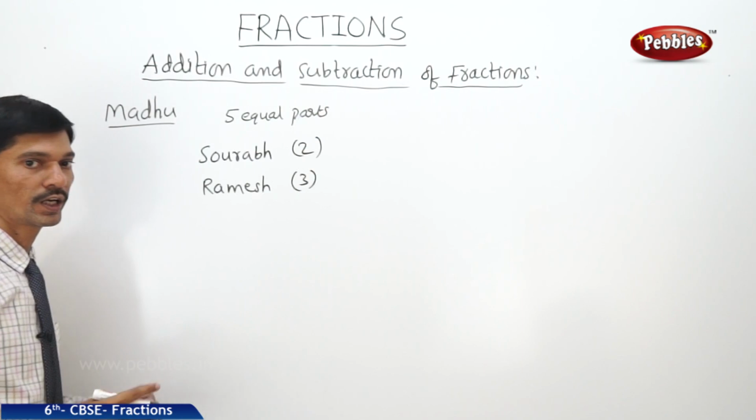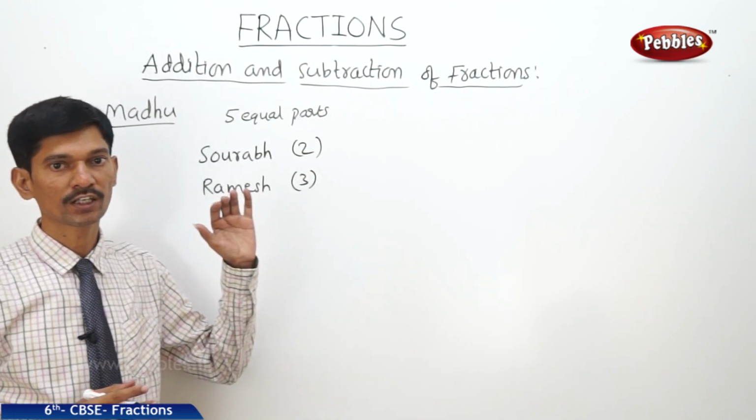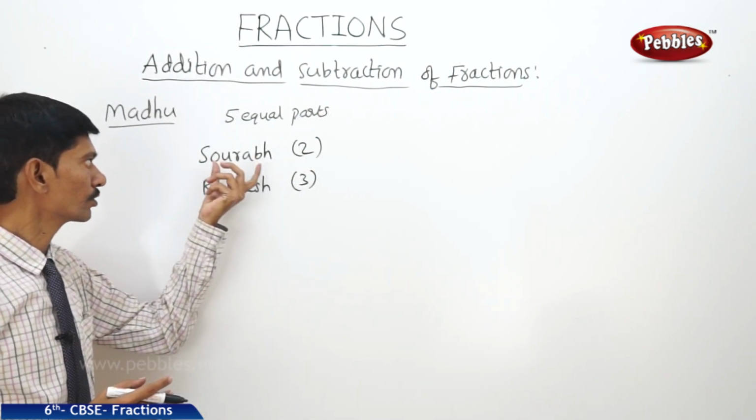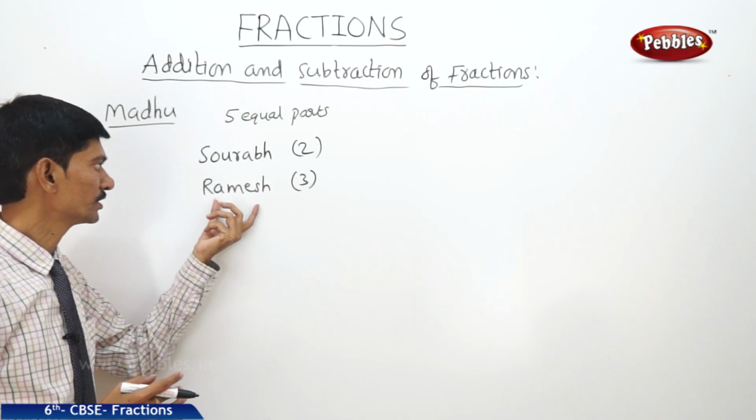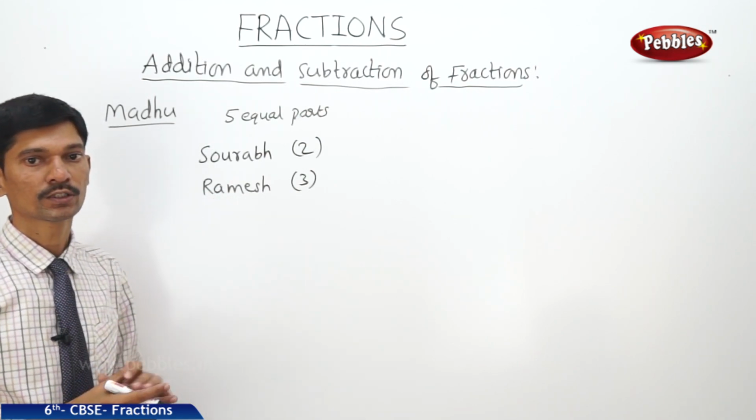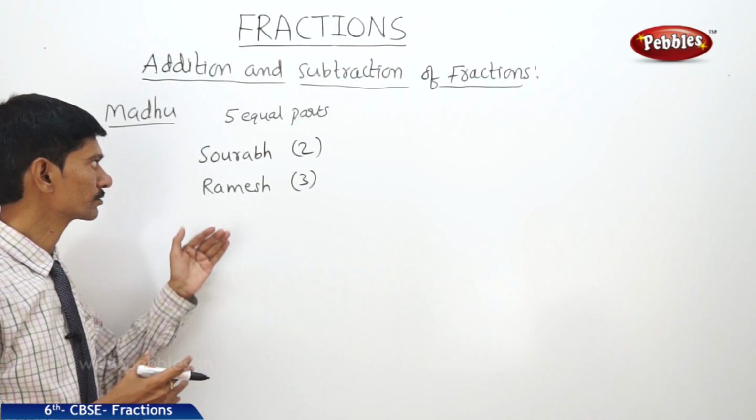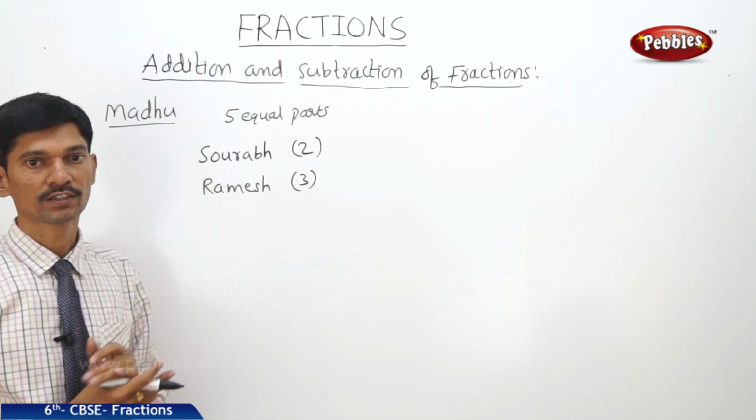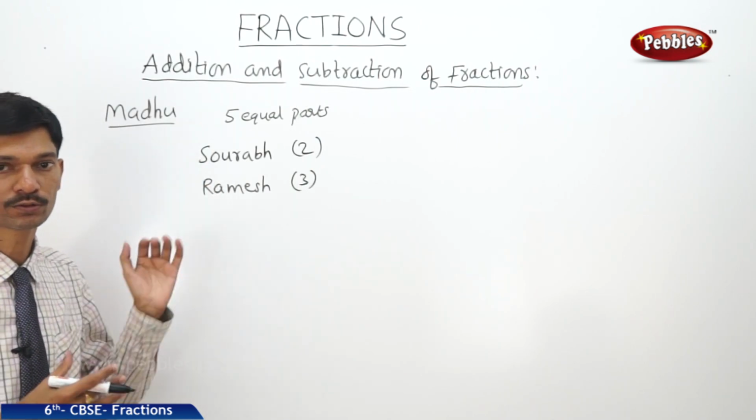Then how to add the fractions of the apple got by Saurabh and Ramesh individually, and what is the total part of the apple given to the 2 friends? So here we need to add the 2 fractions.